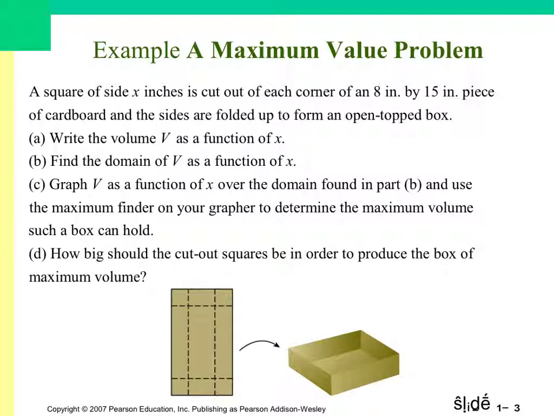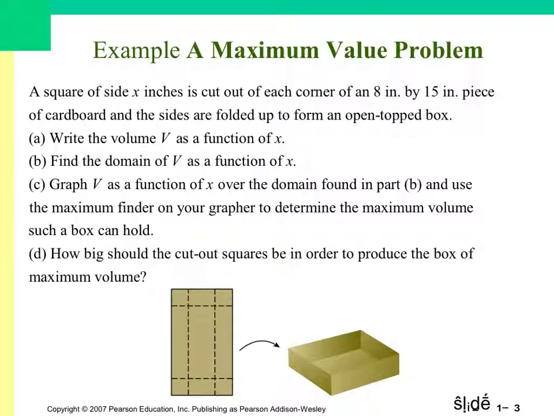A square of side x inches is cut out of each corner of an 8-inch by 15-inch piece of cardboard. And the sides are folded up to form an open top box. A, write the volume as a function of x. B, find the domain of the volume as a function of x.